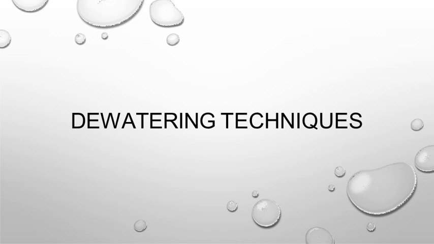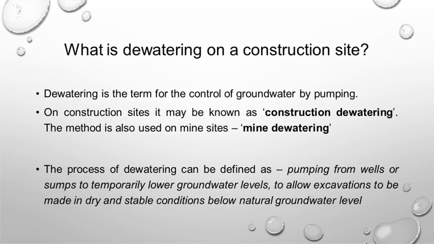The water from excavated areas, mostly during construction activity, we need to remove from that construction site. So dewatering is a term for the control of groundwater by pumping. On a construction site, it may be known as construction dewatering, and the method is also used on mine sites, that is mine dewatering.